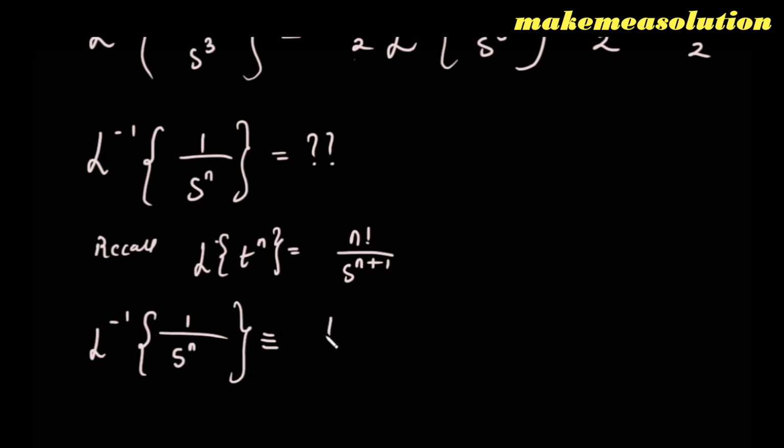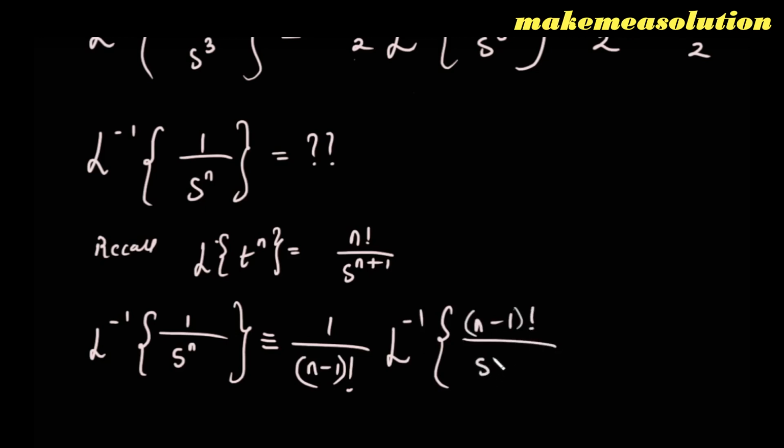The Laplace inverse of 1 over s raised to the power of n, you can still calculate it this way. First of all, I'm going to divide by n minus 1 factorial, and take the Laplace inverse of n minus 1 factorial divided by s raised to the power of n.